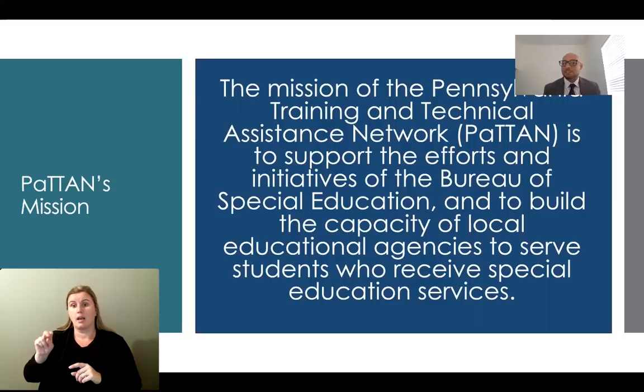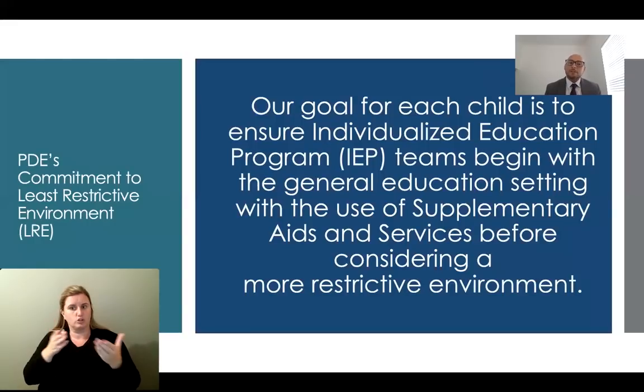The mission is to support the efforts and initiatives of the Bureau of Special Education and to build the capacity of local educational agencies to serve students who receive special education services, with special emphasis on PDE, the Pennsylvania Department of Education, commitment to the least restrictive environment, in that our goal for each child is to ensure individualized education program teams begin with the general education setting with the use of supplementary aids and services before they consider a more restrictive environment.